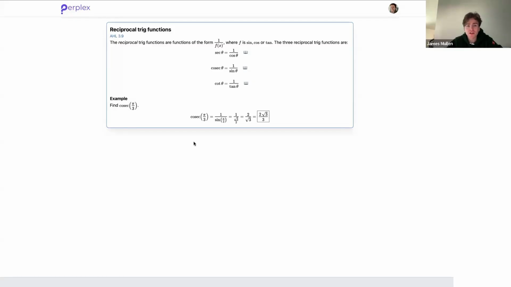The other kinds of function you need to know are the reciprocal trig functions, which are basically just 1 over the trig functions you already know. So if I do 1 over cosine, that gives me the so-called secant function. 1 over sine gives me the so-called cosecant function, and 1 over tan gives me the so-called cotangent function, or cot. Now, I think I'm eternally confused as to why the function that's 1 over sine has cos in its abbreviation for cosecant, and the one that has 1 over cosine does not have cos in its abbreviation.